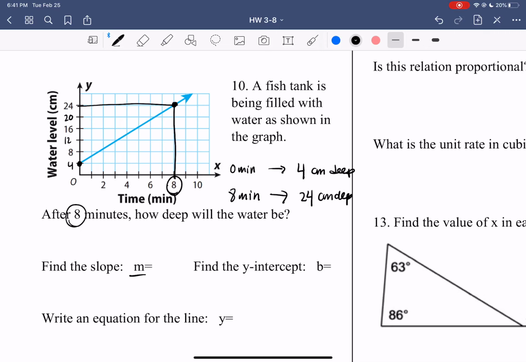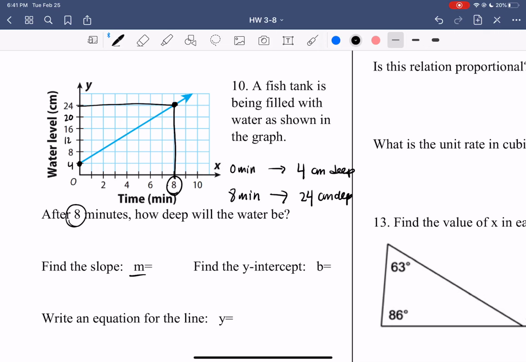And our y-intercept is where our graph intercepts the y-axis, which would be at positive 4. So our equation would then read 5 over 2x plus 4.